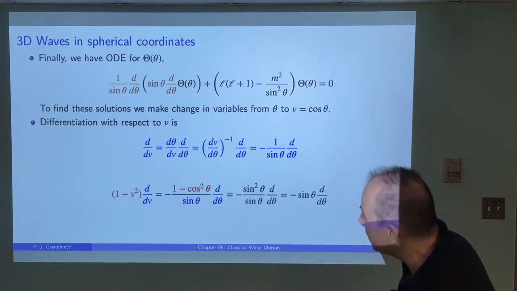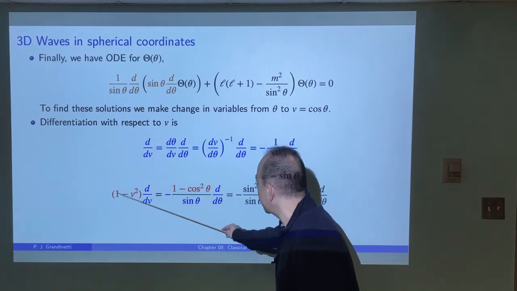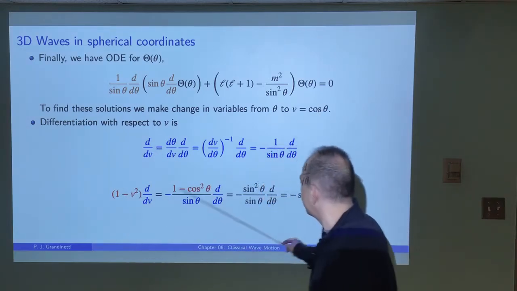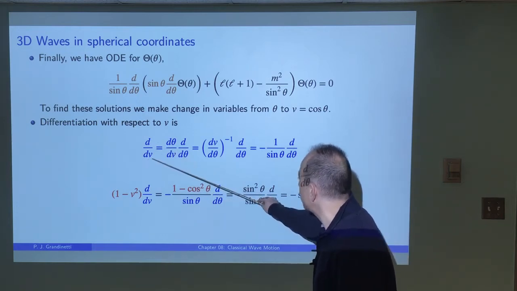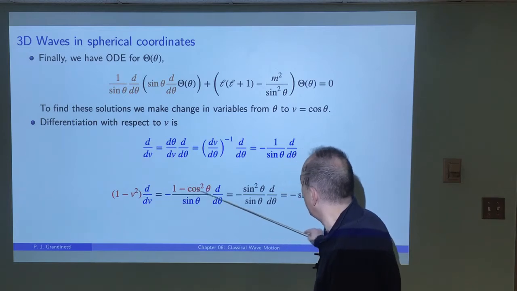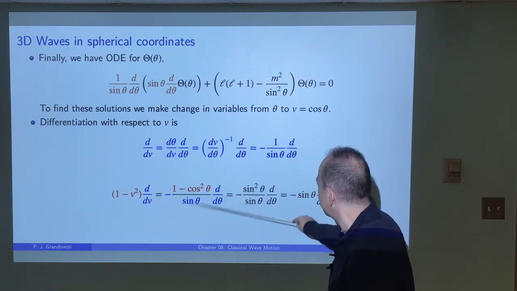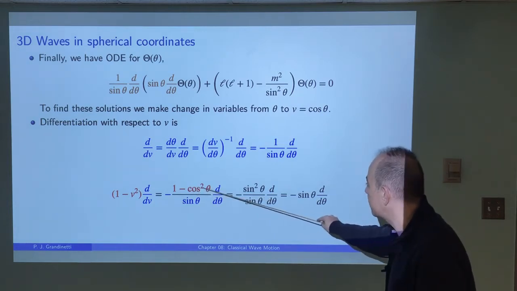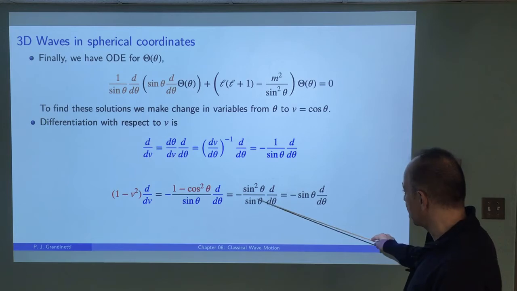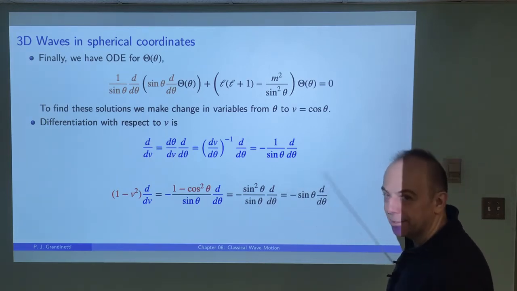Next, I'm going to multiply this by 1 minus cosine squared theta, or 1 minus v squared. Since I have this result, I'm going to plug that in over here. I take 1 minus cosine squared theta times this for d/dv, and I get this. Of course, 1 minus cosine squared theta is just sine squared theta, and now we have it over sine theta, and now I have minus sine theta here. Are you still with me?